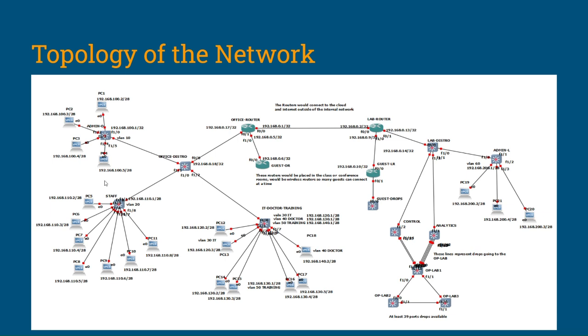The next VLAN is the staff, and they are connected on VLAN 20. They are followed by VLANs 30, 50, and 40. That was out of order, but it won't matter on the network a whole lot.